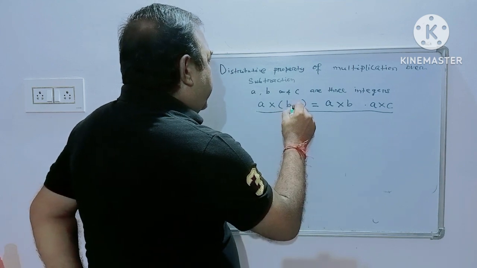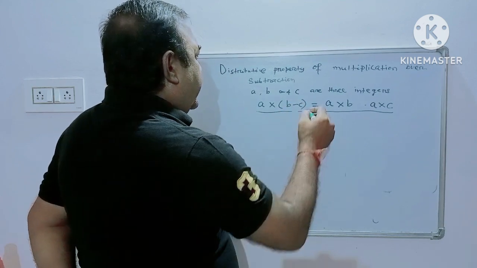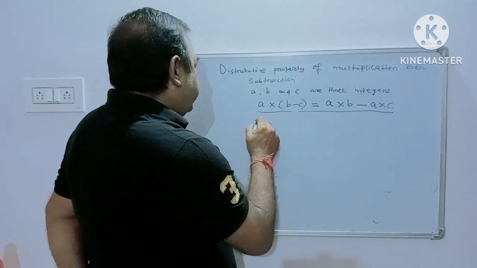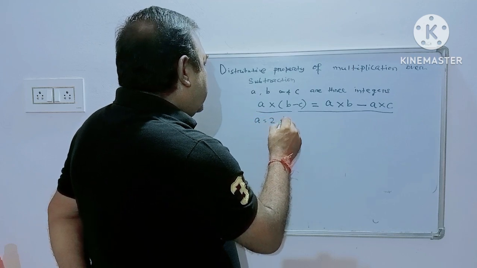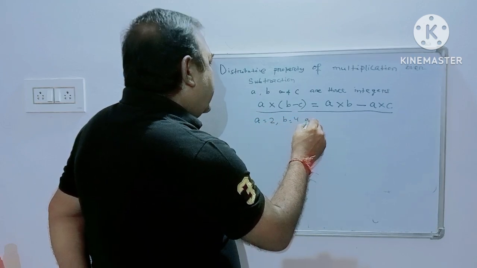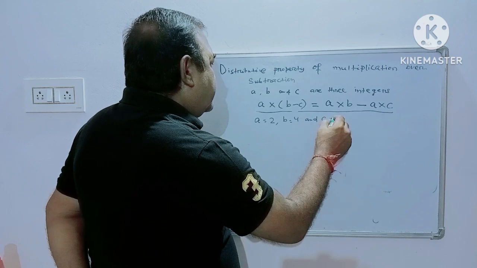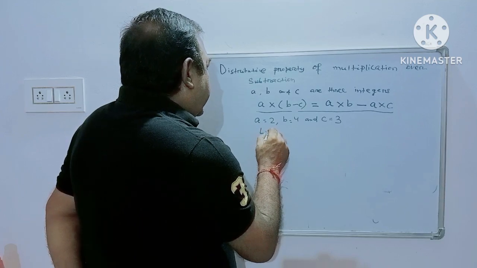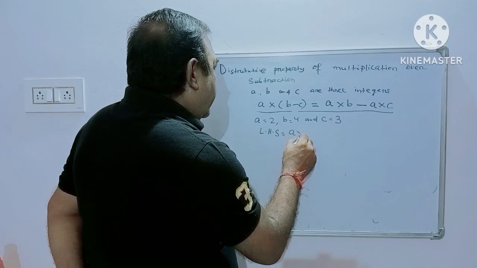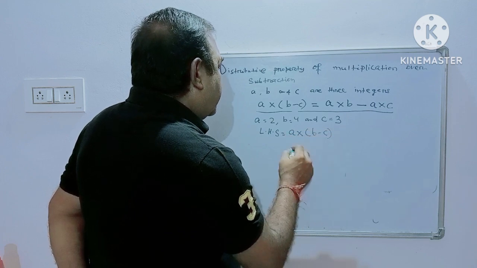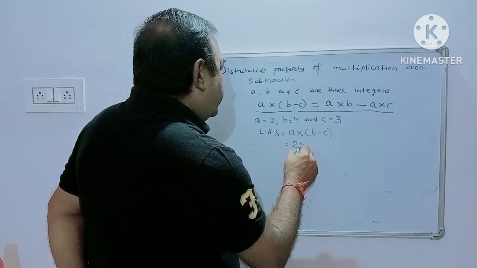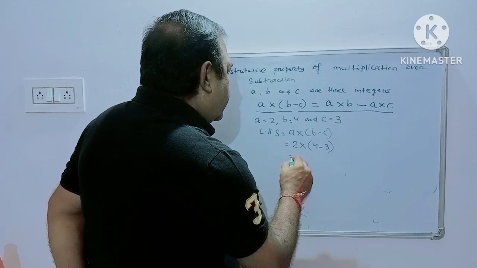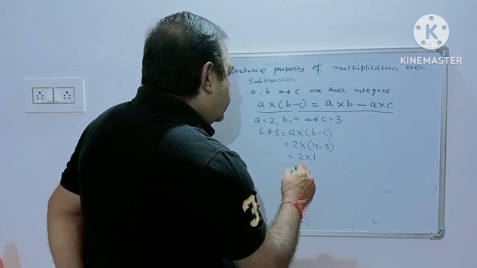A whole into B minus C, that is equal to A into B minus A into C. Suppose A is equal to 2, B is equal to 4 and C is equal to 3. So what is the left hand side? A whole into B minus C, that is equal to 2 into, what is B? B is equal to 4, so 4 minus 3, that is equal to 2 into 1, that is equal to 2.